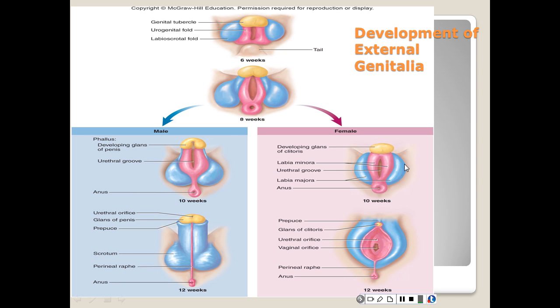So make sure you know what's going to be formed by week 12 and by what. We know that these 3 are going to form the 3 major structures: the clitoris, the minor, and the major labia in the females. And make sure you understand what's going to be formed from these 3 structures by week 12 for males.